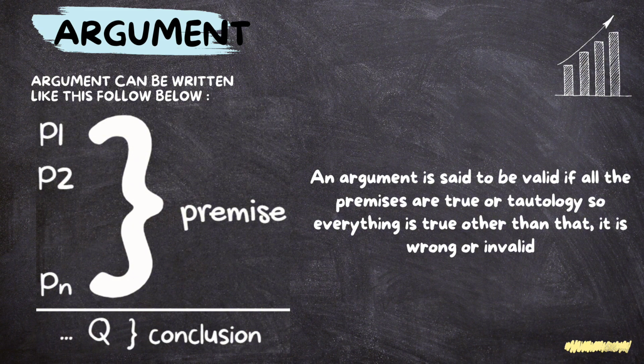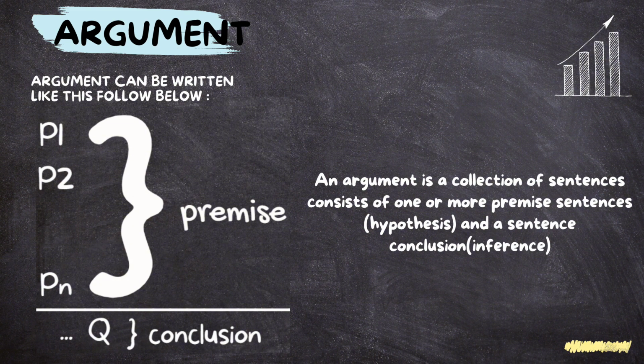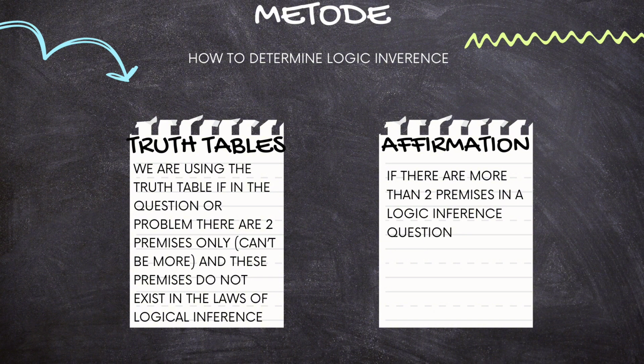So, in this logical inference question, we are given several premises and also a conclusion. Then we are asked to find out whether the argument is valid or invalid. And what is an argument? An argument is a collection of sentences, consisting of one or more premise sentences, the hypothesis, and the conclusion sentence or inference.